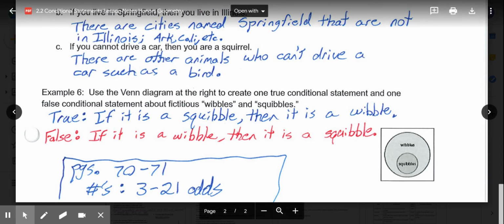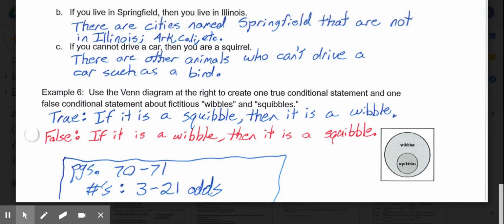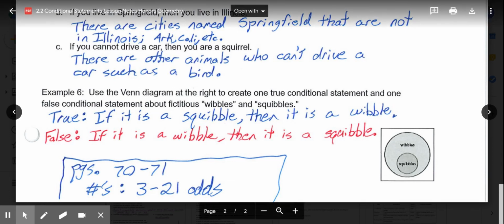And then example 6 is using Venn diagrams to create conditional statements. In this case, the way to read one of these Venn diagrams is that everything in the small circle is also part of the larger circle, but not everything in the large circle is necessarily part of the small circle.